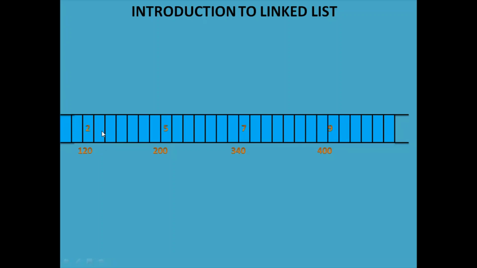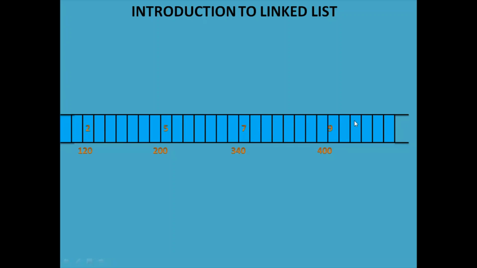Assume that it is stored at location 120. Right? In another location, number 5 is being stored. In one more location, the number 7 is being stored. In one more location, the number 9 is being stored. They are not consecutive. They are not one after another. They are stored in different locations.